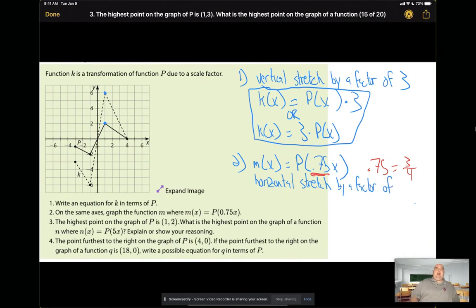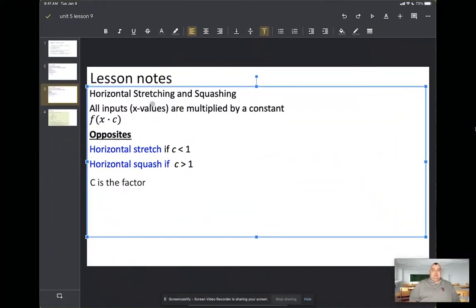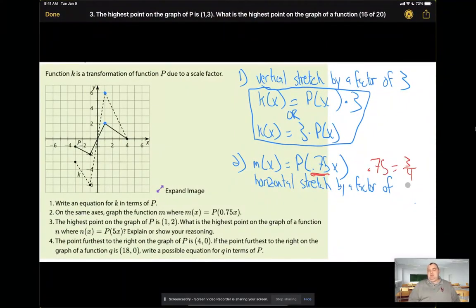And to figure out the factor, again, with horizontal stretches and squashes, we have to do the opposite. So what is the opposite of multiplying by 3/4? The opposite of multiplying by 3/4 is actually multiplying by 4/3.